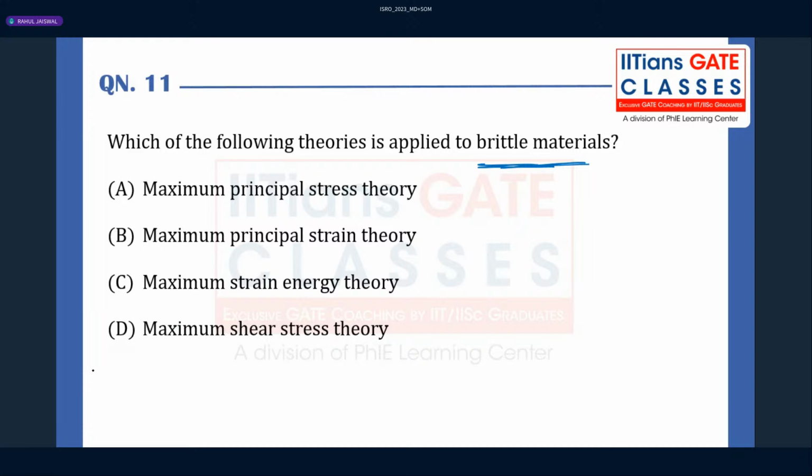Likewise for material, some scientists said that materials fail because of the maximum principal stress. Some said no, material might be failing because the maximum strain energy exceeds the strain energy that is the capacity of a material to store. If it exceeds that, then the material is going to fail.